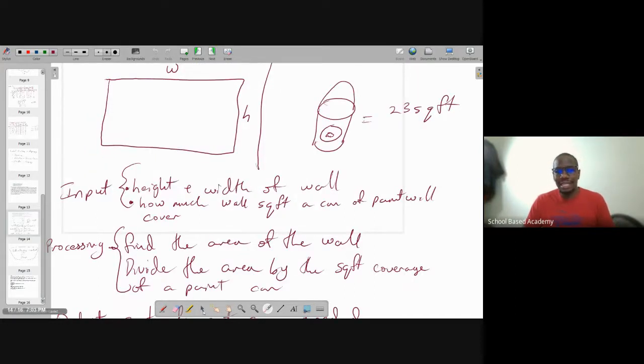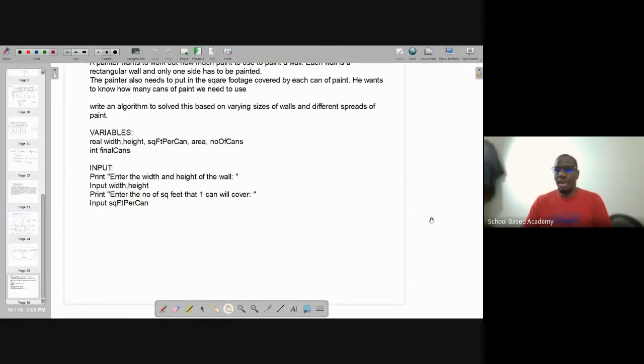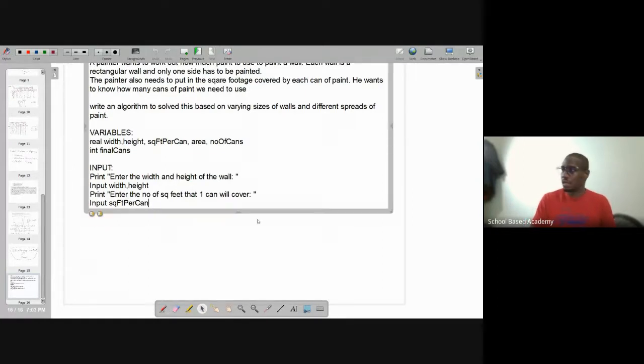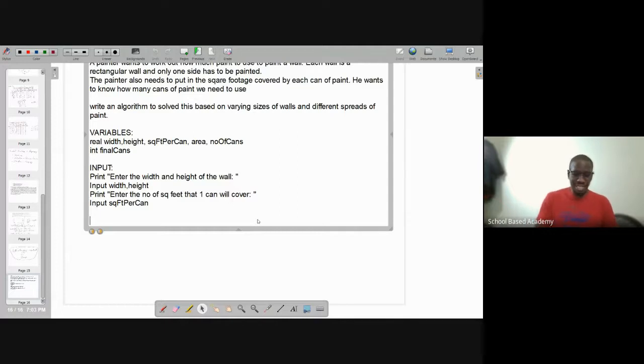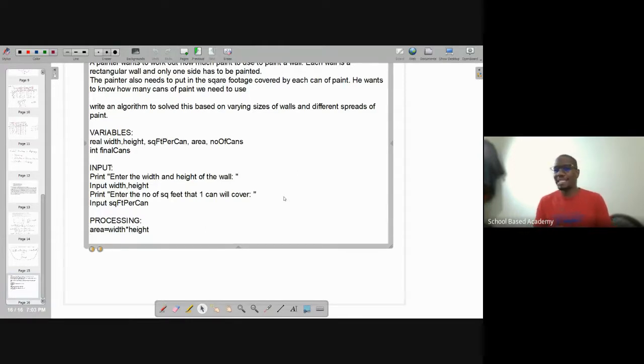The processing, as identified, was to find the area of the wall and divide that area by the square foot coverage of a paint can. Processing is where I will say area is equal to width multiplied by height. And then what is my next set of processing?